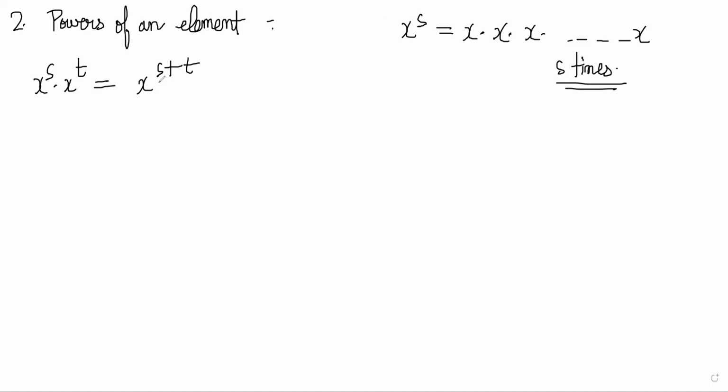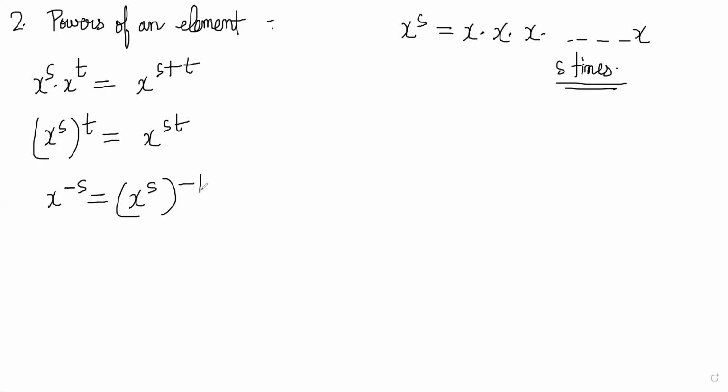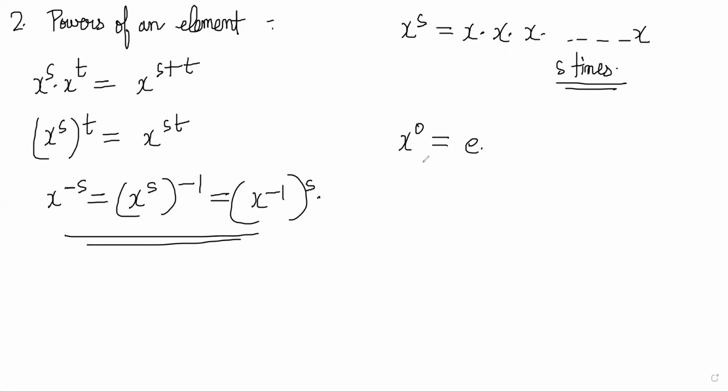So the total number of times is s plus t. Also, you can prove that (x power s) power t is equal to x power st, and x power minus s is equal to (x power s) power minus 1 and also equal to (x inverse) power s. These are similar to the laws of indices that we have in lower algebra. Also, x power 0 will give you the identity element E for the group.